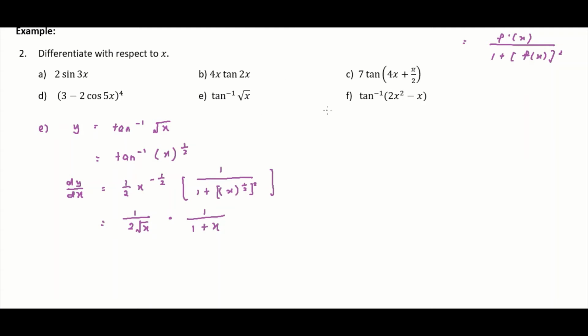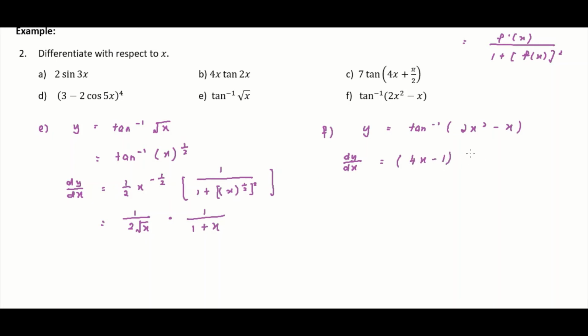Okay, so let's move on to F. Same thing, y equals tangent inverse of 2x squared minus x. Then you can straight away do your dy/dx. Differentiate your function first. After you differentiate 2x squared minus x, you have 4x minus 1, correct?